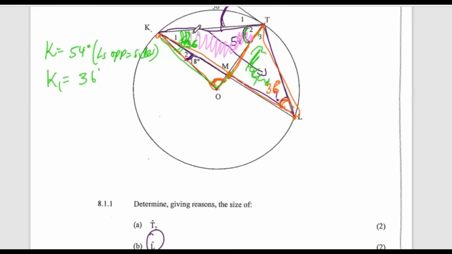If there's a 36 here, then there's a 36 here. Then I can see that this is common. Then my question is, what is this angle here?